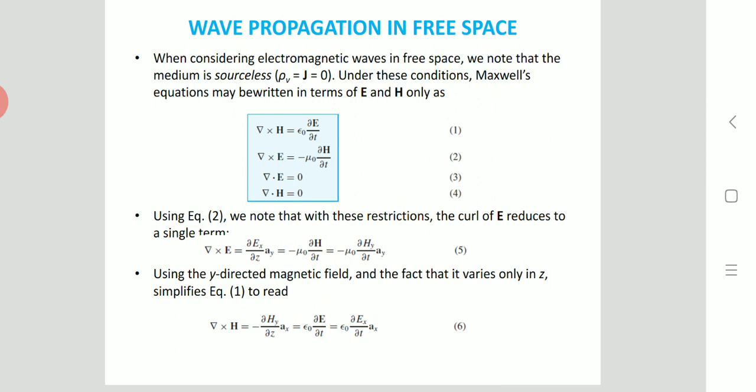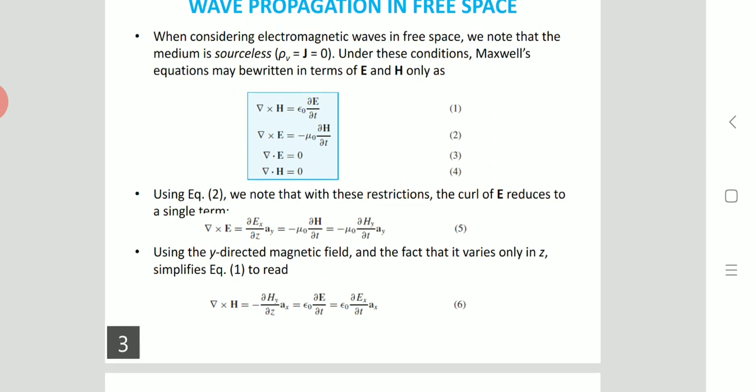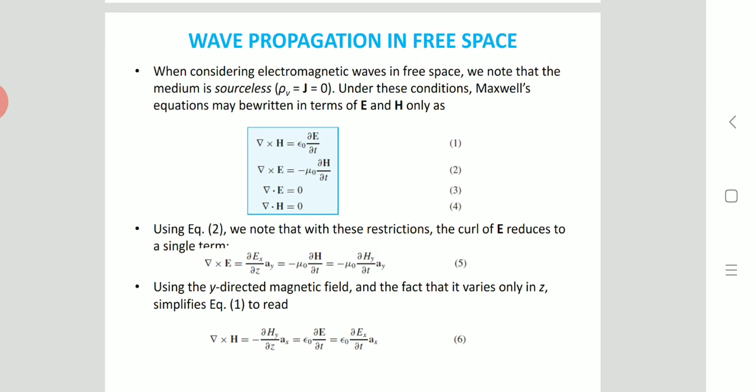So this equation reduces to only one term. Now, using the y directed magnetic field and the fact that it varies only in z, equation 1 simplifies to read del cross H equals dou Hy divided by dou z ax, which is equal to epsilon naught dou E by dou t, equal to epsilon naught dou Ex by dou t ax.